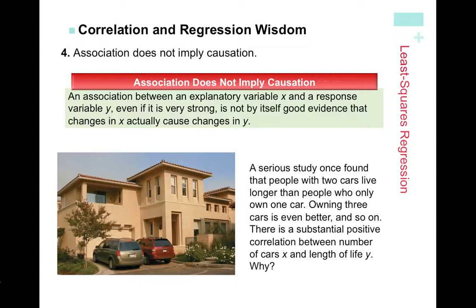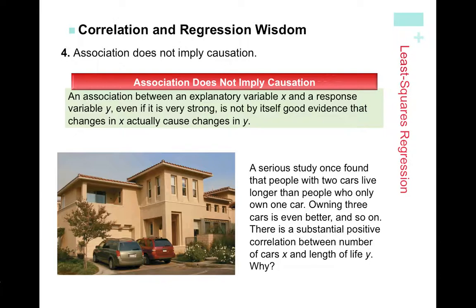So here we have an example. We have a study. People with 2 cars live longer than people with only 1 car. Owning 3 cars is even better, and so on. There's substantial positive correlation between the number of cars and length of life. Why? Well, is it really the cars that cause people to live longer? Probably not. Just because you go out and buy 500 cars, that doesn't mean you're going to live the longest.